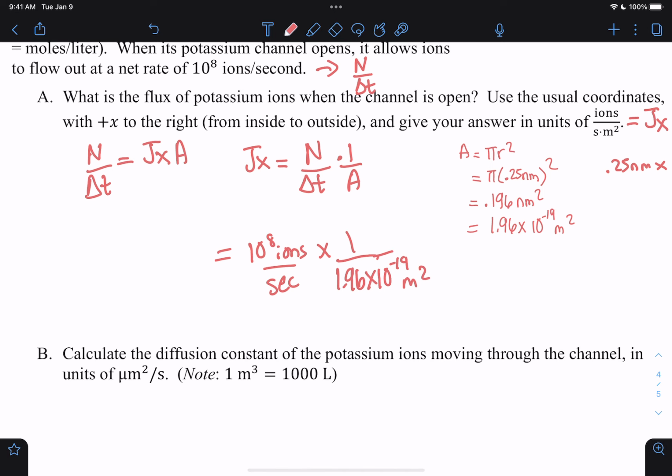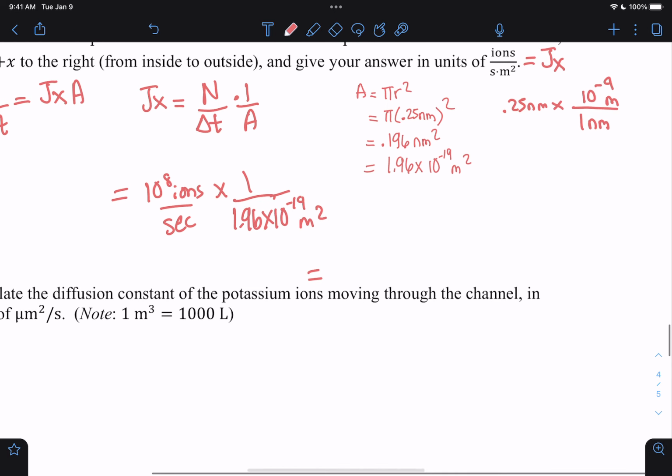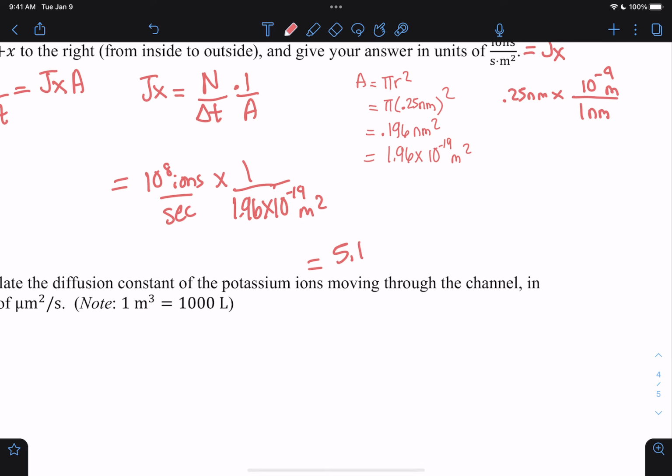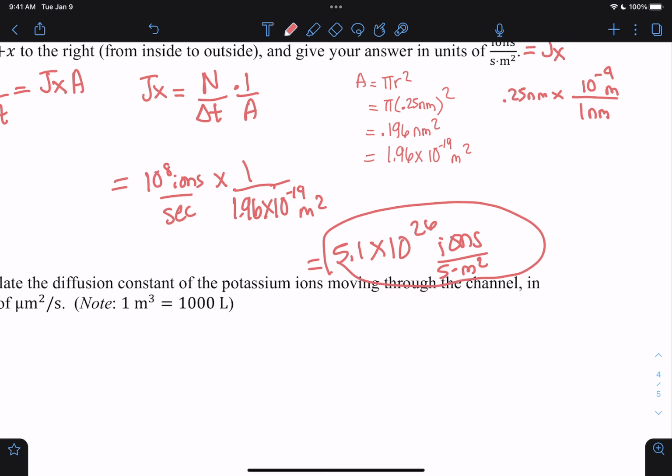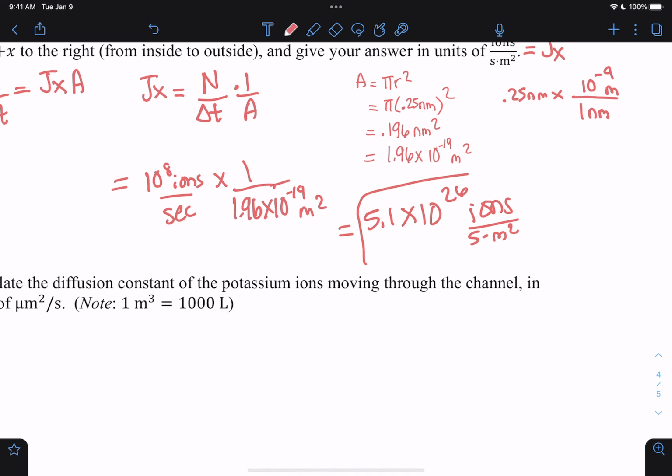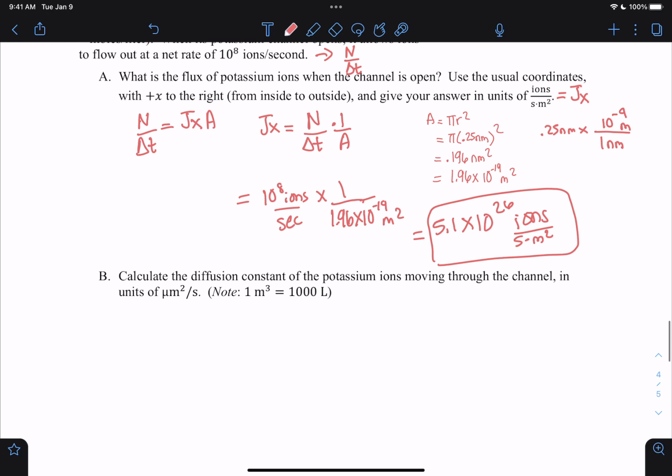That gives us a flux of about 5.1 times 10 to the 26 ions per meter squared times seconds, or let me write that the other way around, ions per second times meter squared. So that's our flux there for part A.